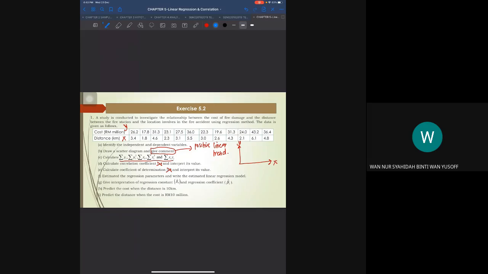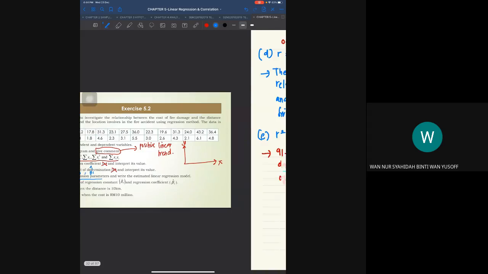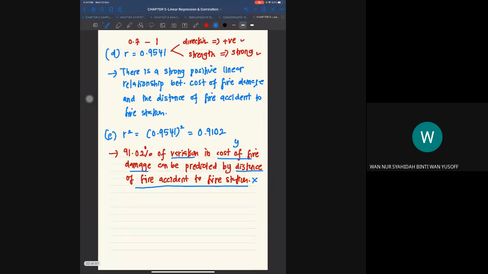And then estimate the regression parameters and write the estimated linear regression model. So we need beta naught cap and also beta 1 cap. So beta naught? 9.3983.